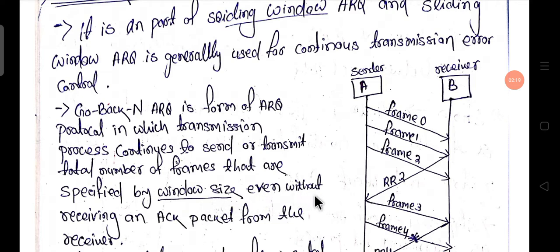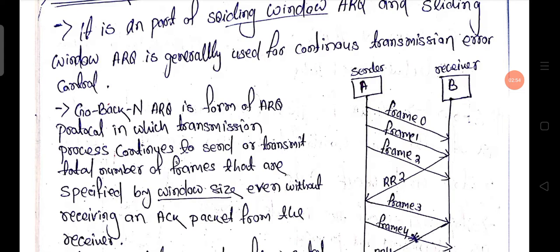In the previous technique, stop and wait, first one frame is transmitted to the receiver, and then the sender waits for the acknowledgement from the receiver.